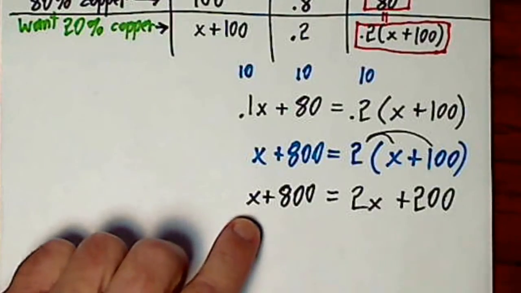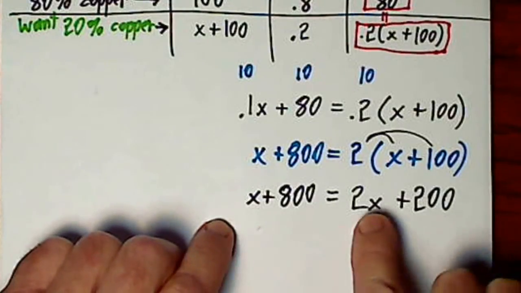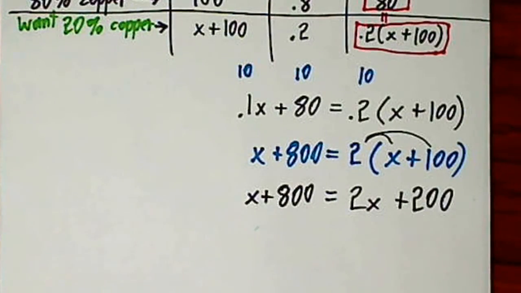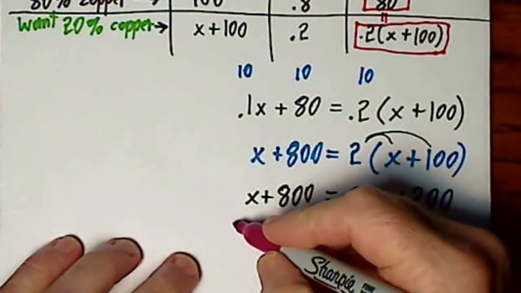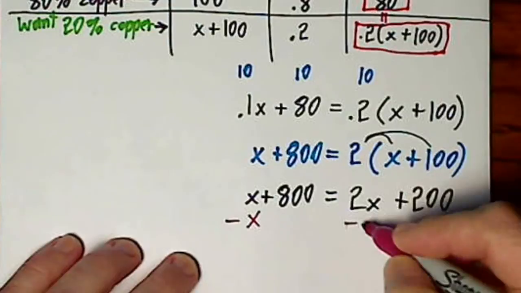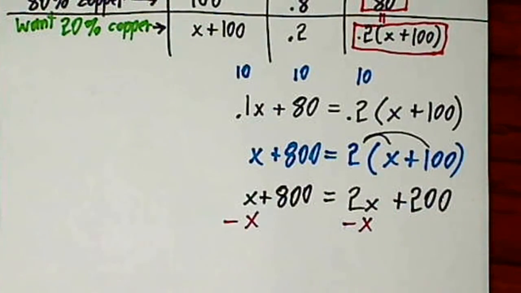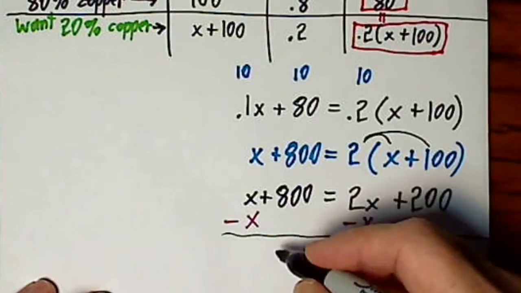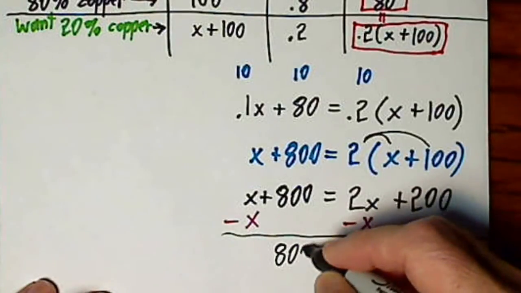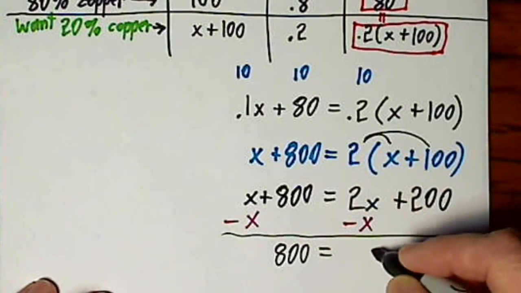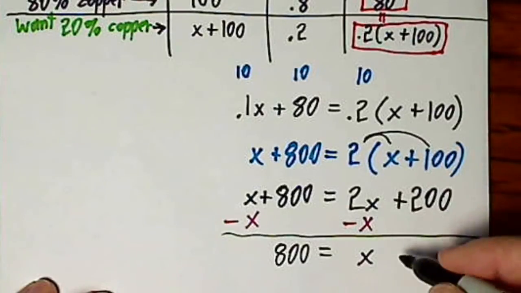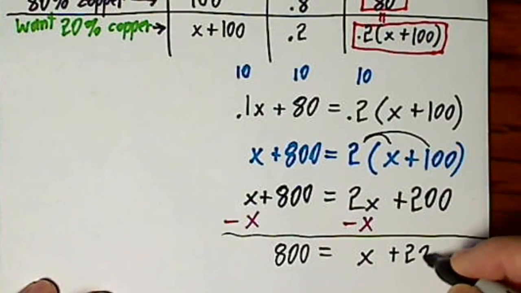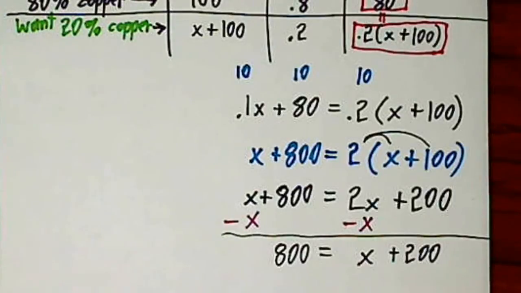And I'd rather get rid of this x. If I get rid of that one, I'll have to deal with a negative. So subtract x. That's just 1x, or x. Okay. We need to get rid of that 200.